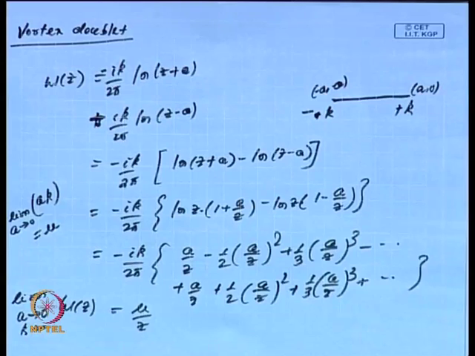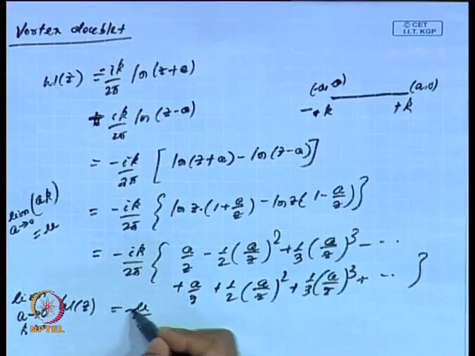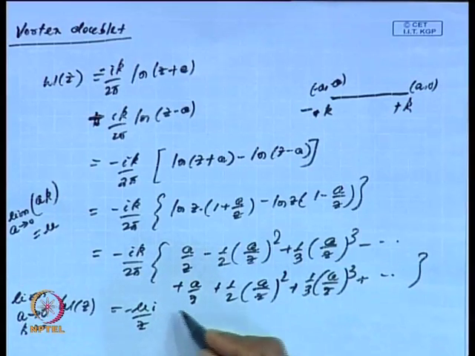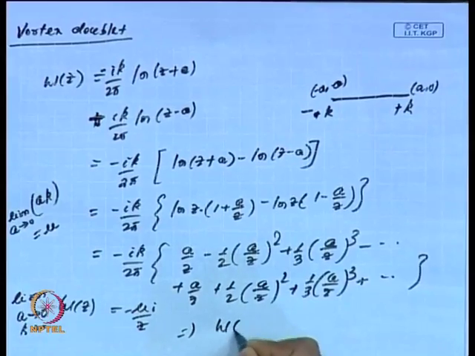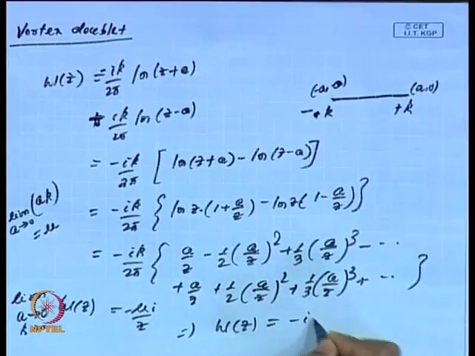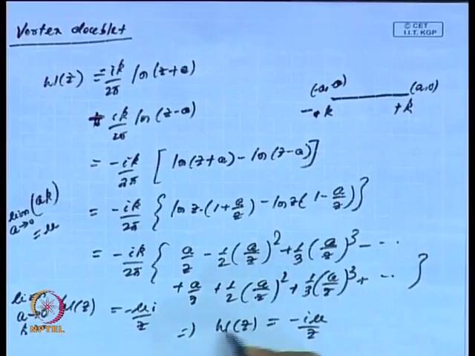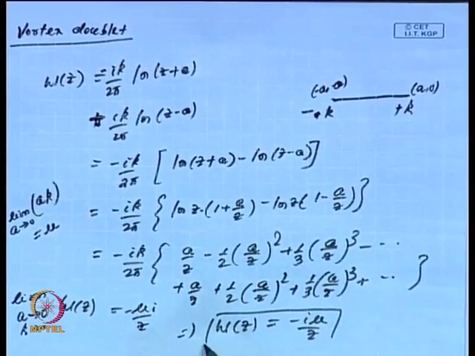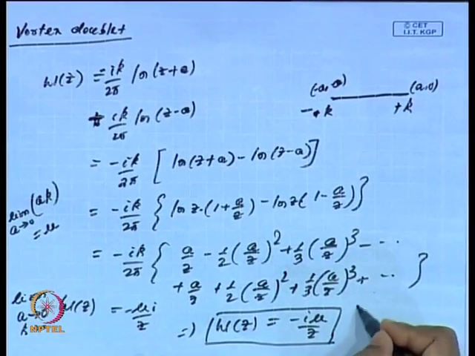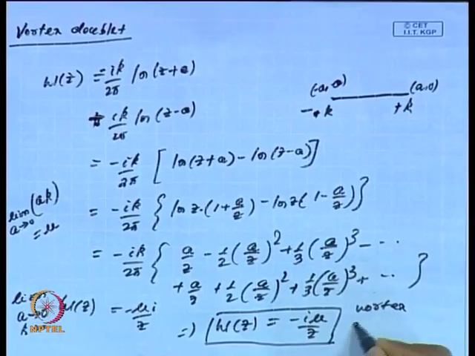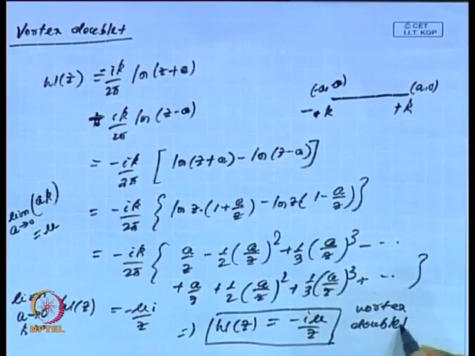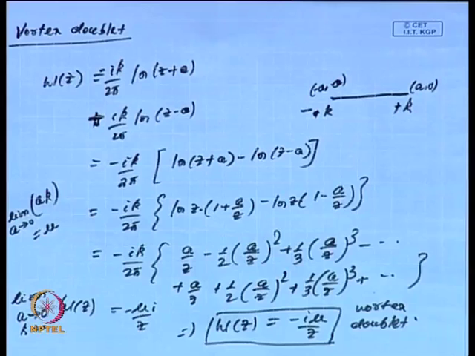Which implies w z is equal to minus i mu by z. This is the complex potential due to a vortex doublet.